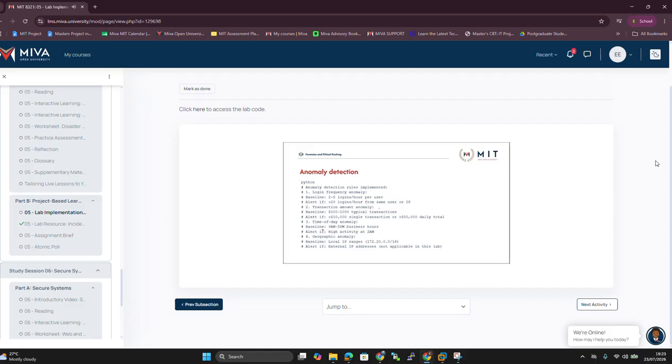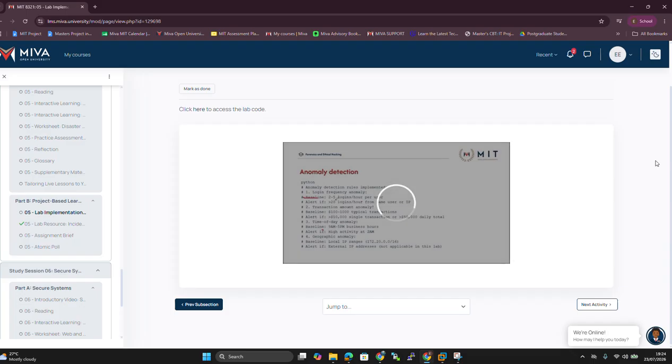Okay, so one here is, let me get my pen. So we have number one, a baseline, where you set your baseline to a number of login attempts per second or per hour.